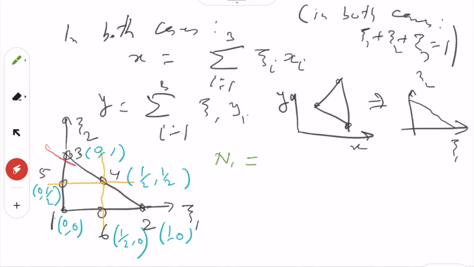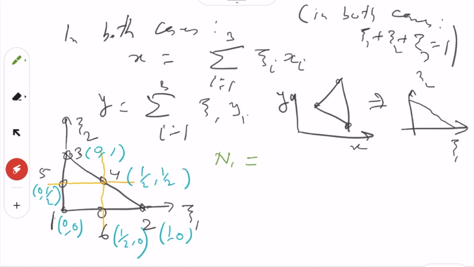So 2 lines will be this and this, right? Yeah. So the value has to be 0 here also and here also, but not here. Here it's 1. You can simply multiply the equation of this by the equation of this. So what is the equation of this? We know this is xi1 plus xi2 equal to 1.